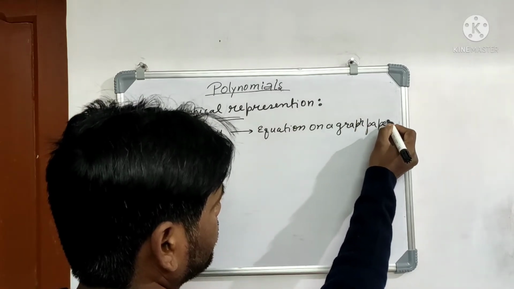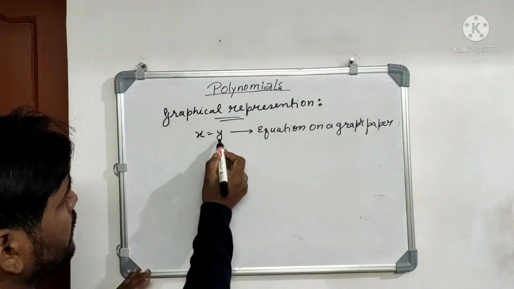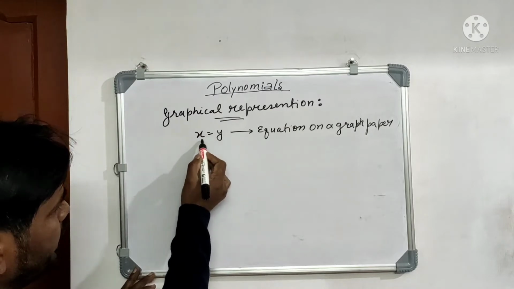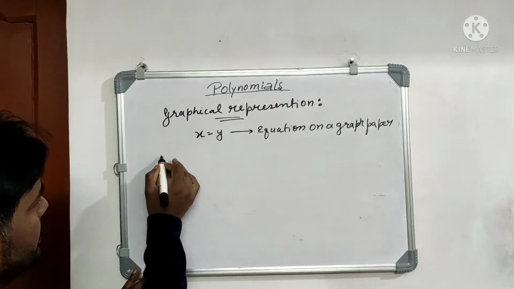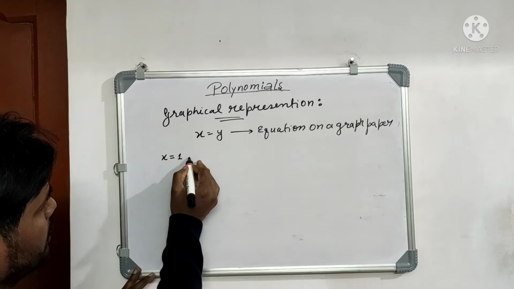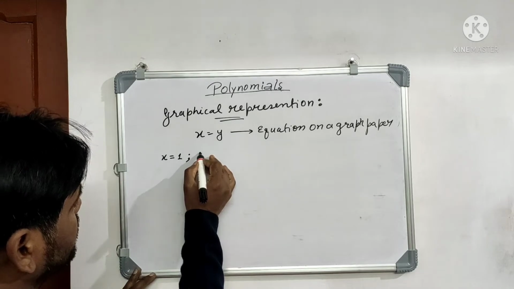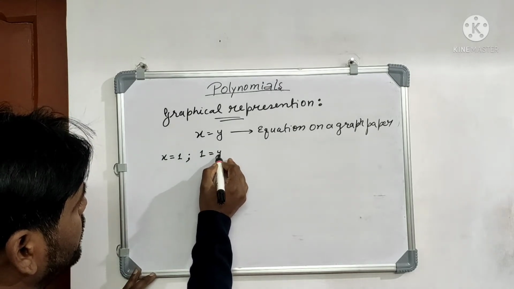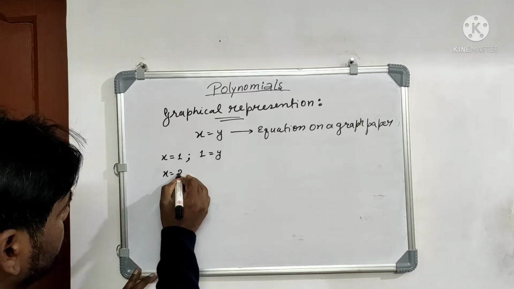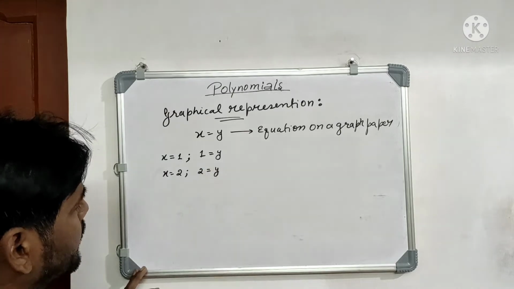For this, we have to find out the corresponding values of y with respect to x, or the value of x with respect to y. If we put x is equal to 1, then what will be the value of y? So let's say x is equal to 1, that means y will also be equal to 1. If we put x is equal to 2, then in that case 2 will be assigned to y.